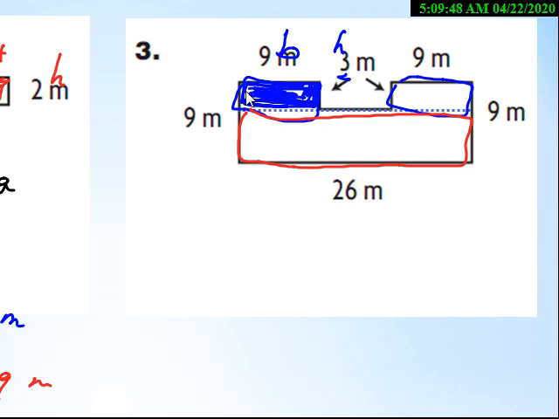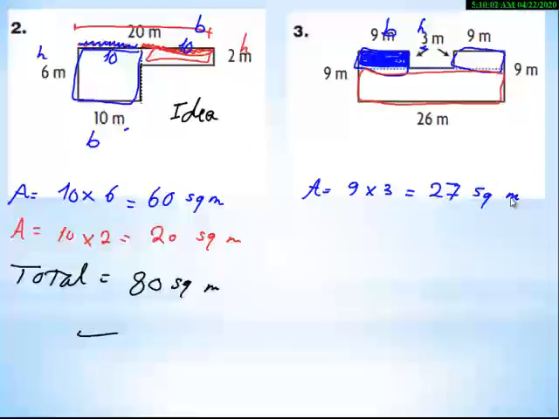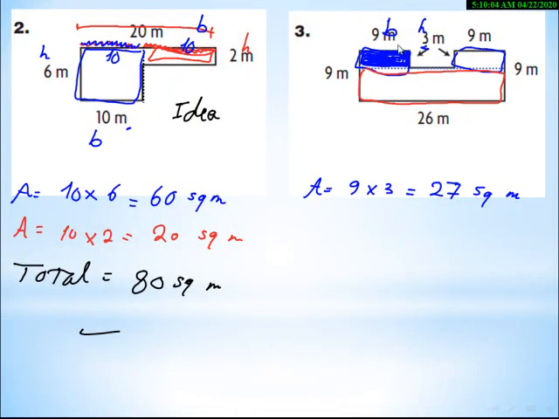Alright, I shaded it for you. So the first area equals base times height, base 9 multiplied by 3 equals 27. 27 square meters according to my unit.